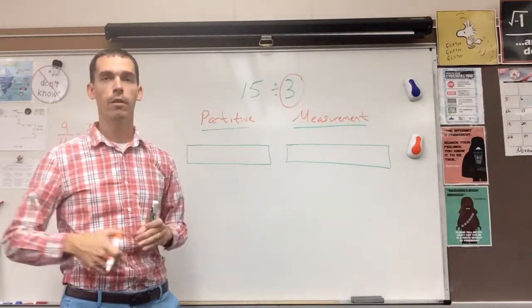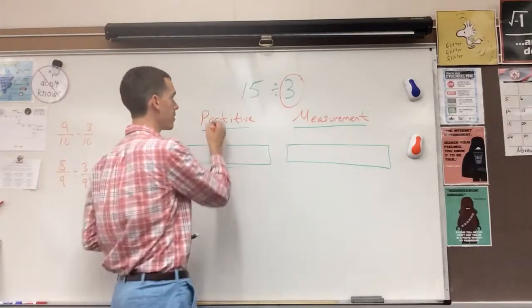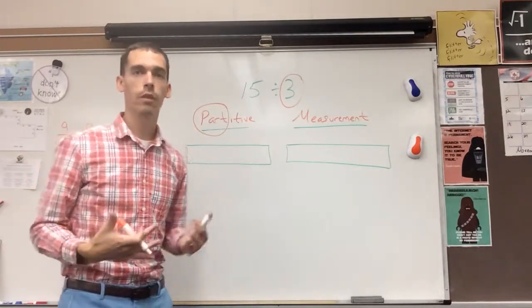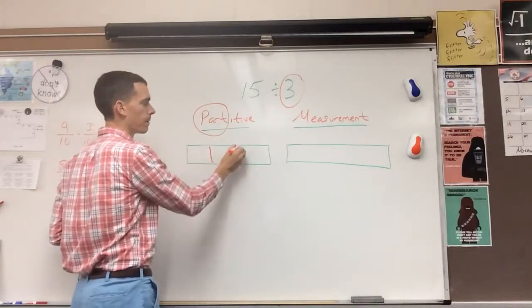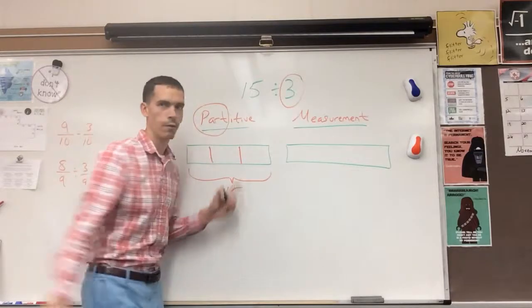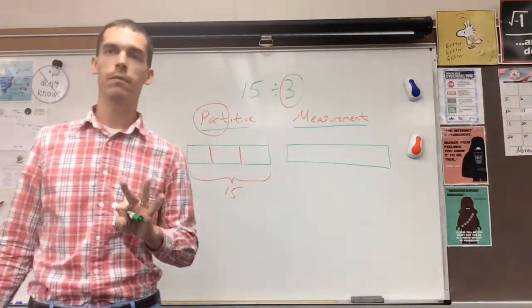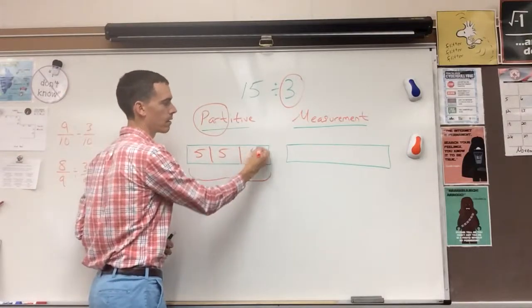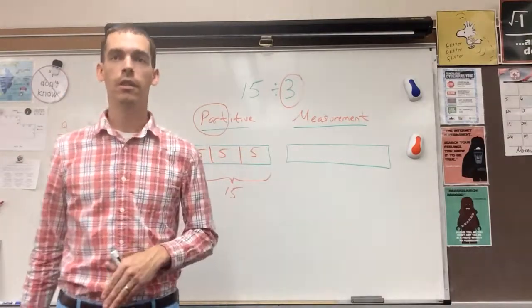And with this part, we want to show exactly that, to be part of that answer. And so for partitive, we're showing in 3 forms the total of 15 divided into 3 groups, where we can find out that 15 divided by 3 is 5. So the value of each part is 5.